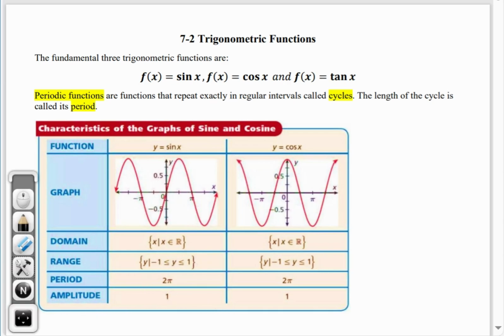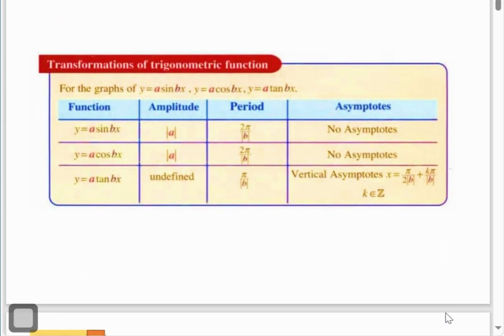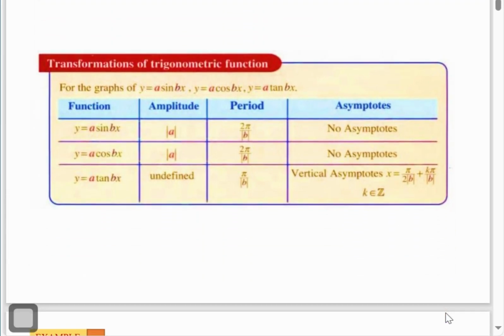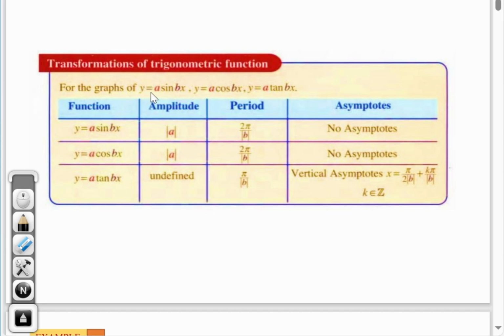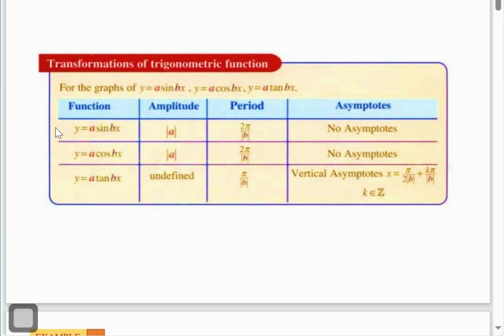Let's move to another table, which has transformations of trigonometric functions, for the graph of y equals a sine bx and a cosine bx. For example, here we have y equals a sine bx. For a, we call it amplitude, and we take it within absolute value because amplitude is the highest point.